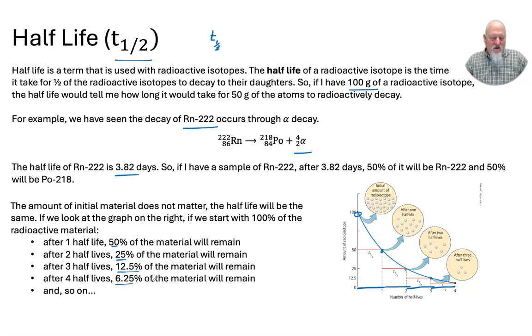After 4 half-lives, we take 12.5 and divide it by 2, and we have 6.25% of whatever we started with left. That just keeps going, and after each half-life we divide what we had by 2, and that's our new amount that's left.